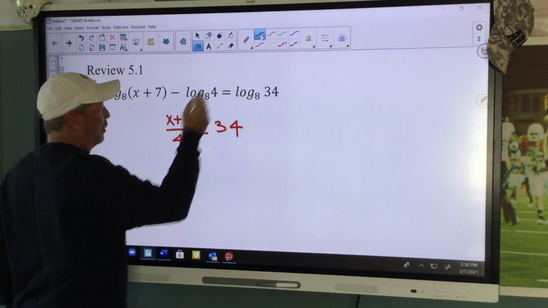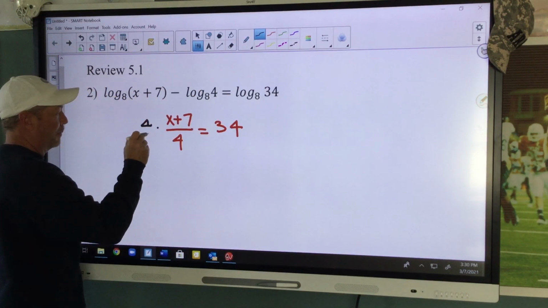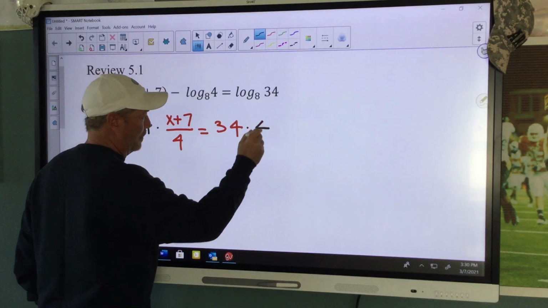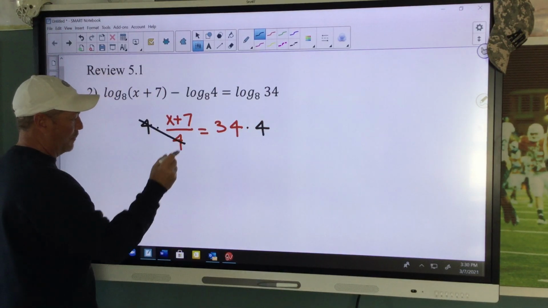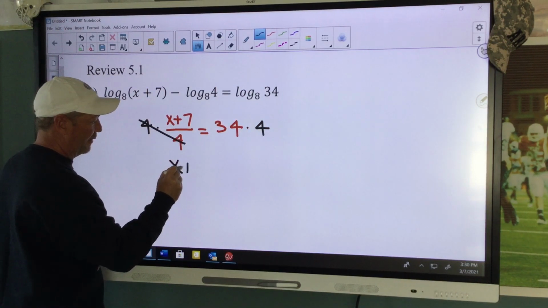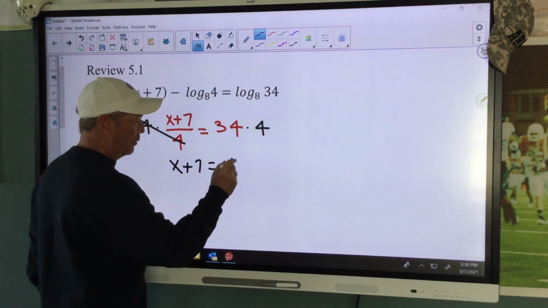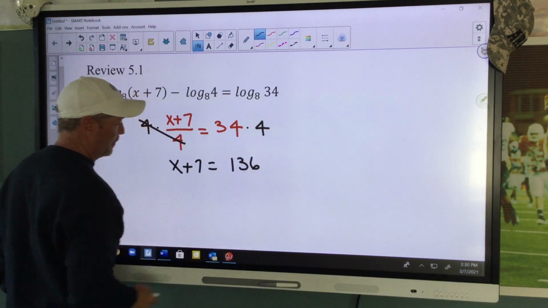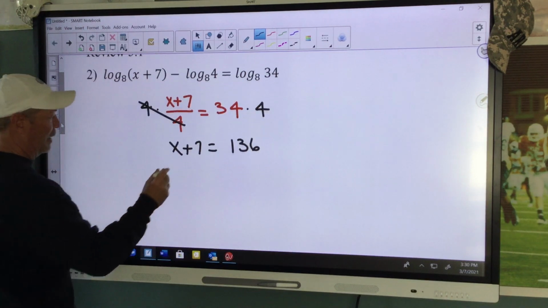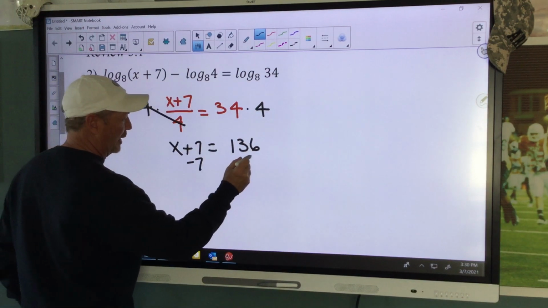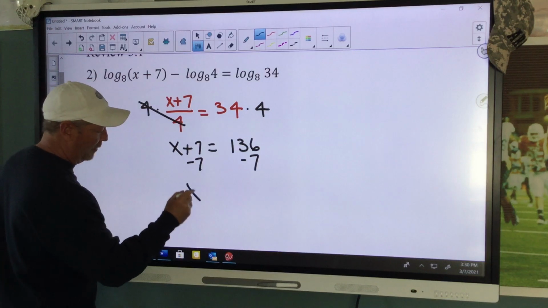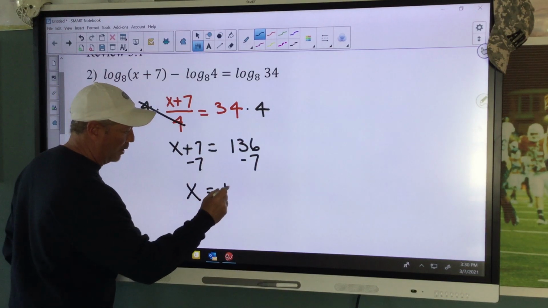So we will multiply times 4, cancel, x plus 7 equals, when I multiply these together, I get 136. All right, and we'll subtract 7, and we're going to add x equals 129.